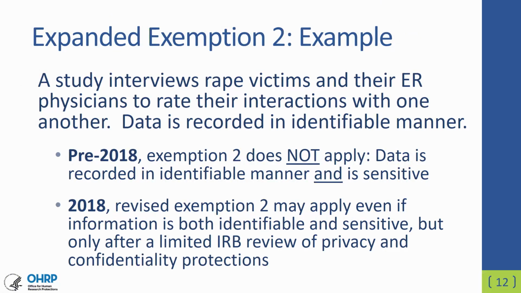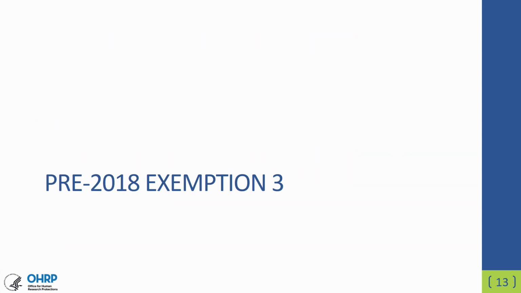However, in the 2018 Common Rule, the revised Exemption 2 may apply even if the information is both identifiable and sensitive, but only after an IRB makes a limited review and a determination of the appropriateness of the privacy and confidentiality protections. Next, let's look at what happened to Exemption 3 in the pre-2018 Common Rule.